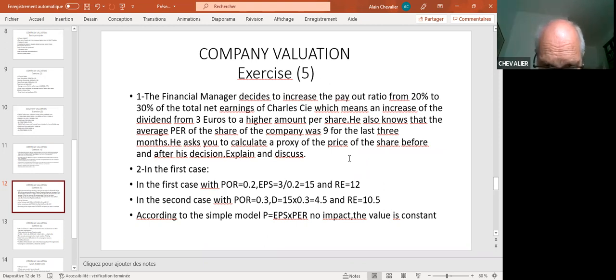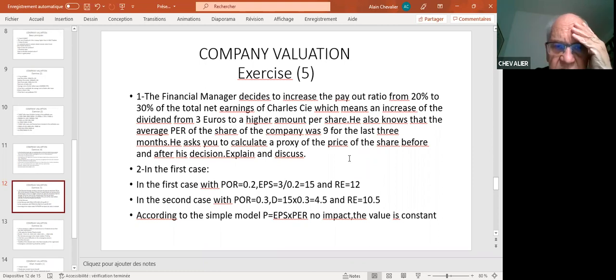You will find models which are based on the dividend. If the value of the company is based on the future dividends discounted at the present time, you have an impact on the value.